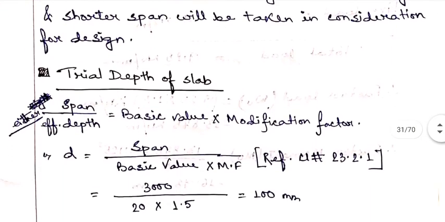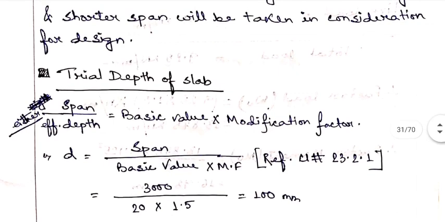First we will check for depth. We will decide the depth. Actually we have to provide the depth, after that we will check. So this is just like beam section design. There are two ways to decide that. First, span by effective depth is equal to basic value into modification factor.